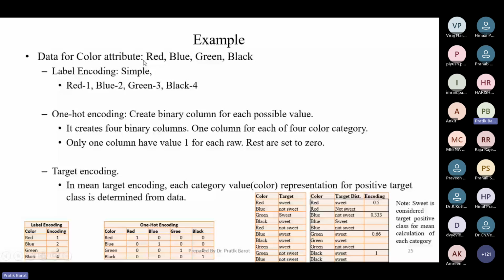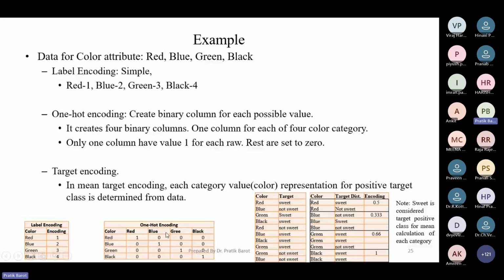That means any data object in the data set has one value from these four possible colors: red, blue, green, or black. So we need to create a binary column for red, blue, green, and black.